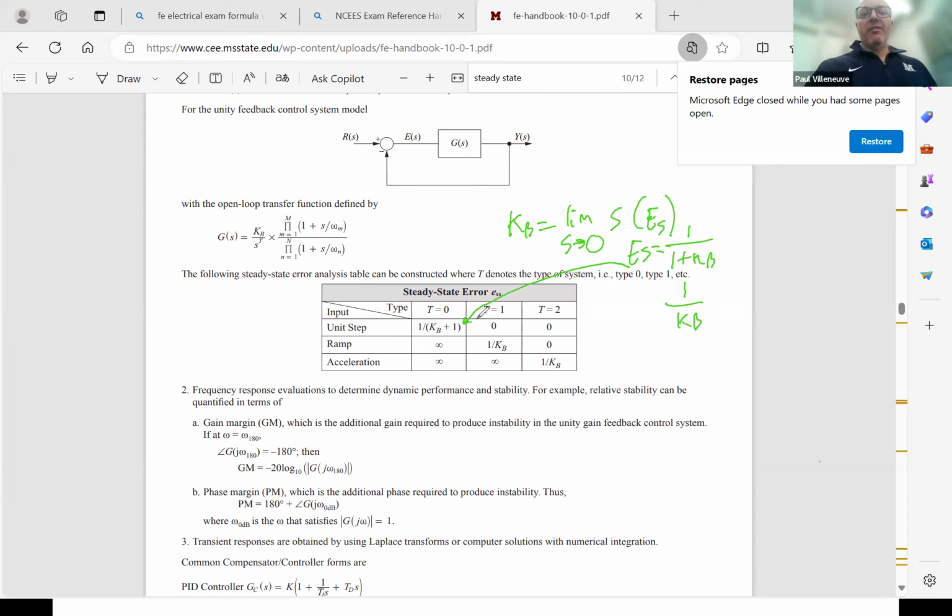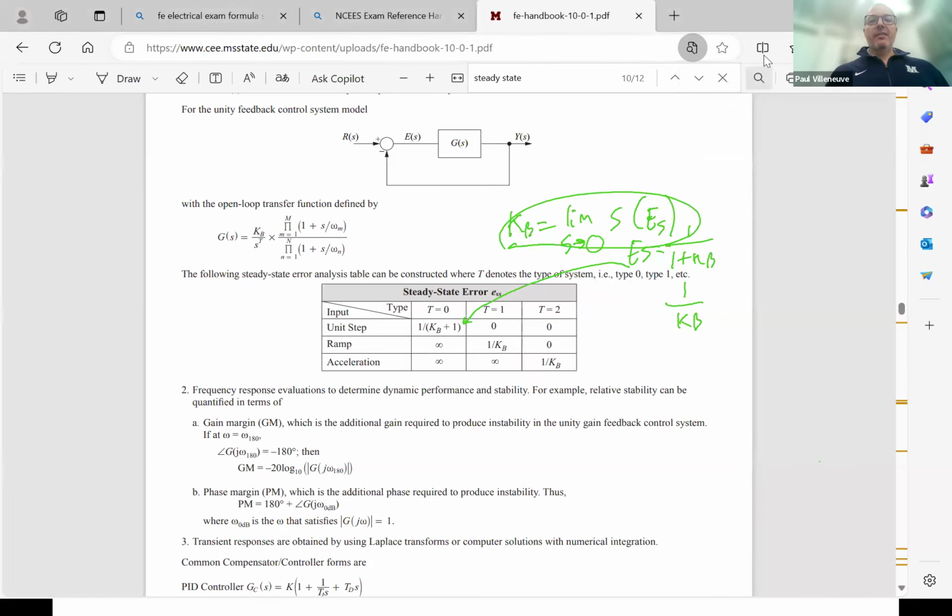So actually, the only thing you need to remember is this. Let me back up. All you need to do is remember one equation. k sub b is equal to the limit as s approaches 0 of s times G sub c, G sub p, and if you have it, H. That's the only equation you need to know, because k sub b is my position constant.